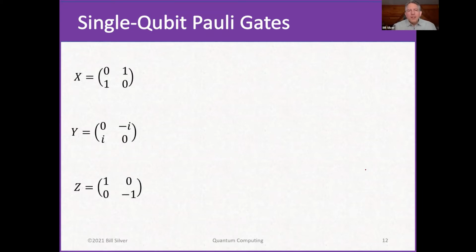We're going to use the X gate a lot. That's just a simple NOT gate. We're going to use the Z gate some. I am showing you the Y gate. We're not actually going to use it, but I'm putting it up there because everybody who talks about quantum computing has to mention these 3 Pauli single qubit gates. And if you want to see what they do, first of all, they have symbols.